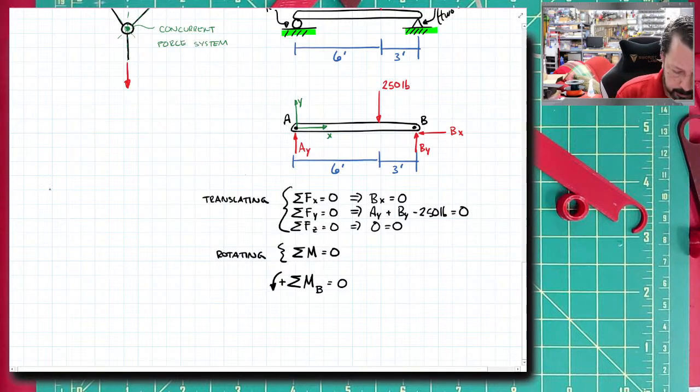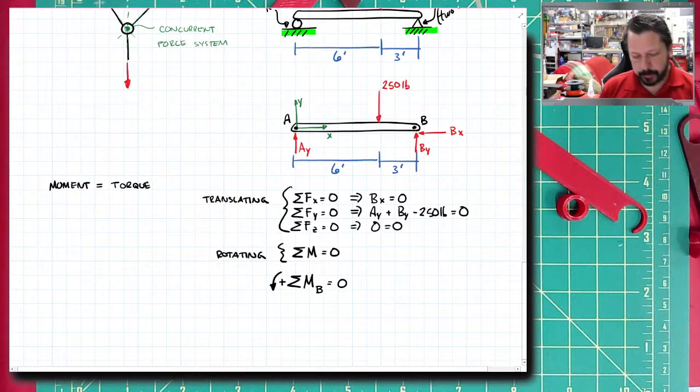All right, so now how do we write a moment equation? So first, a moment is equal to or defined as a torque. So in physics, everything like this is just called a torque. And in engineering, we use torque to mean a specific thing, like you've got a shaft involved and you're transmitting power of some sort.